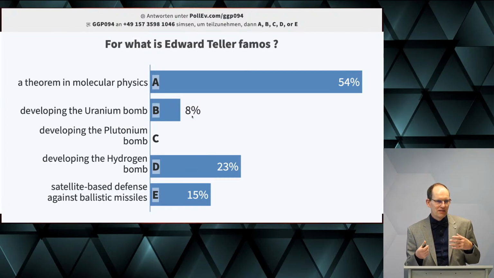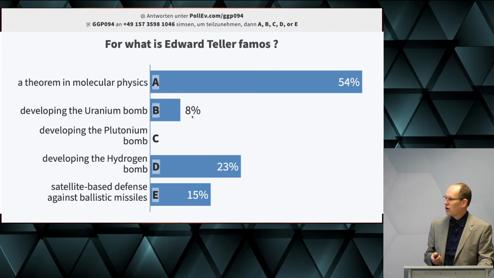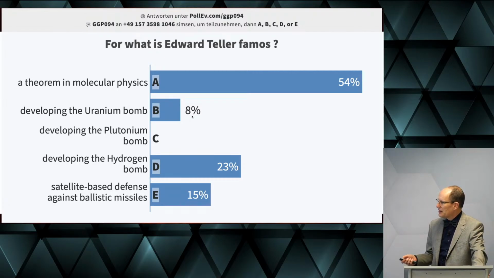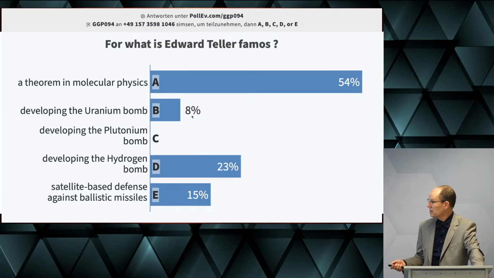The development of the hydrogen bomb was more complicated than initially suggested by Teller. But later he came up with the proposal that worked.